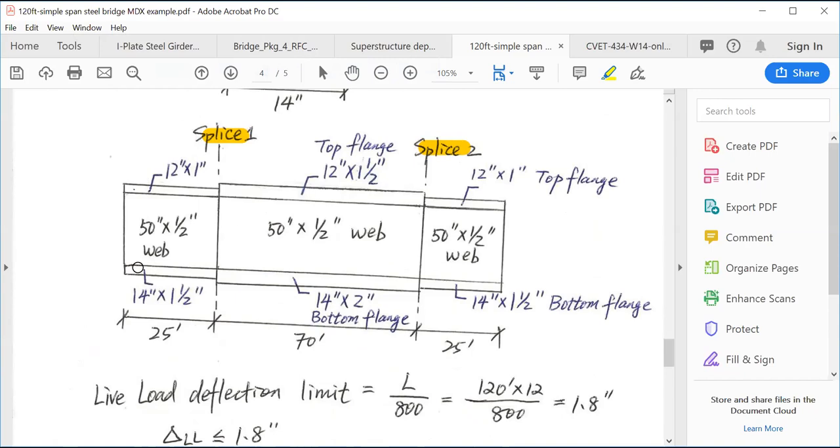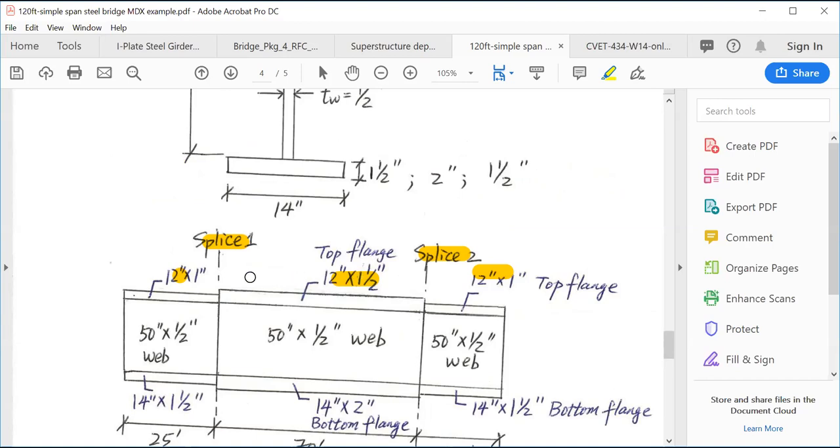Usually the splice location gives us a chance to get a more economical design. And usually the middle part has a larger size, and the two sides have a smaller size, because the moment in the middle is the maximum value, and the moment at the two sides is smaller than the moment in the middle.